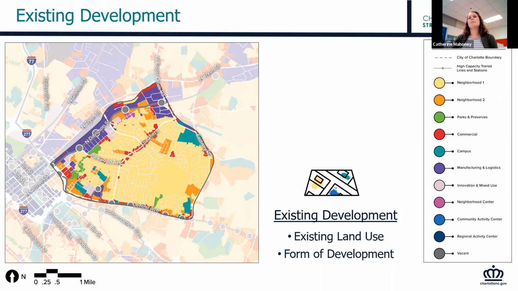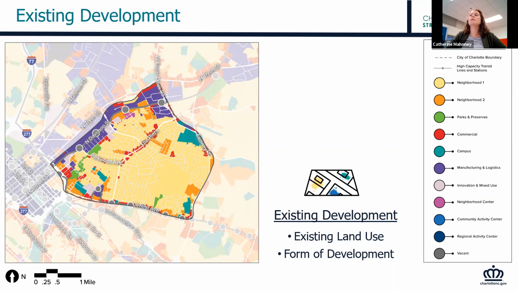And because place types are more holistic and comprehensive, they can include a little more variety of development within one color. And so it becomes less granular than if you compared this map to our future land use map. Within this view, you can see that this area currently has a lot of manufacturing along the transit line.